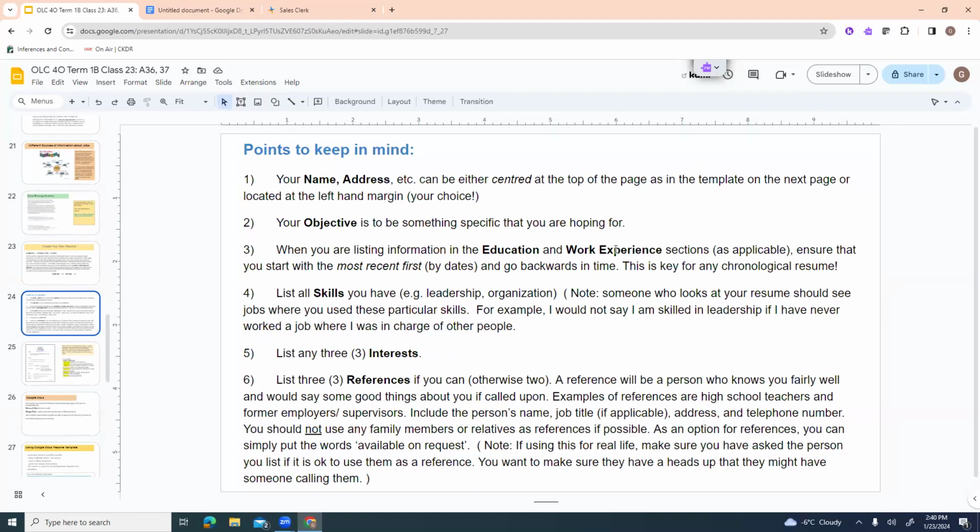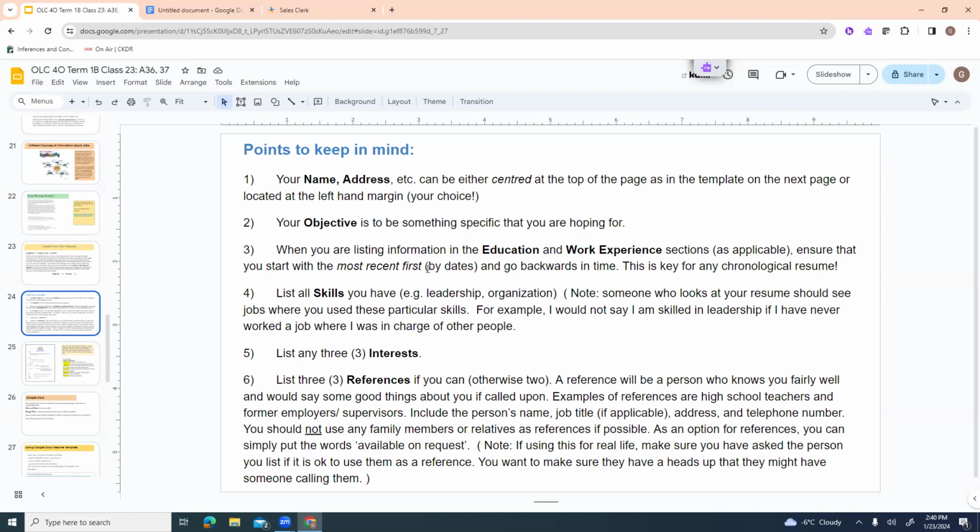When you are listing information in the education and the work experience, ensure that you start with your most recent education and your most recent work experience, and then go backwards in time. This is because you want them to see your best qualifications and your most recent experience right away.